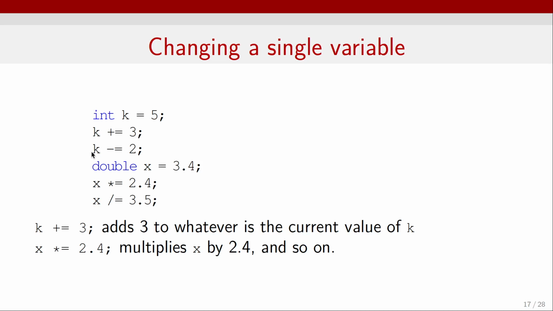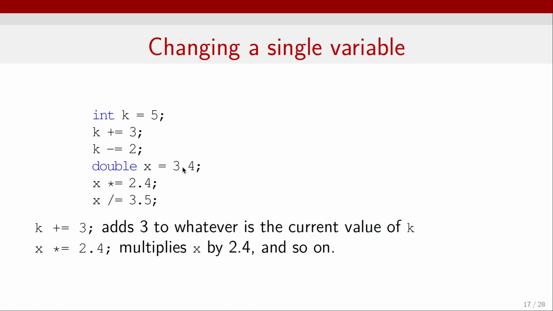And if I say k minus equals 2, that's the same as saying k equals k minus 2. So the first command adds 3 to whatever k is, and the second command subtracts 2 from whatever k is.